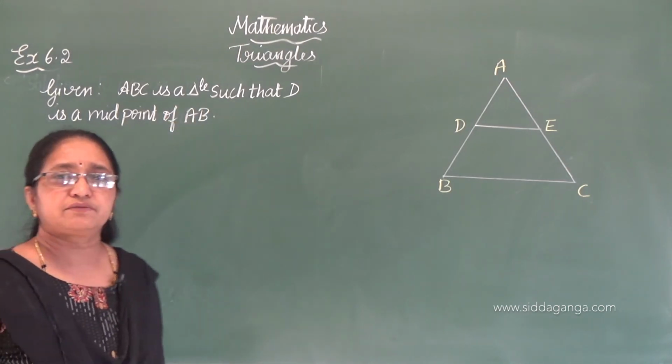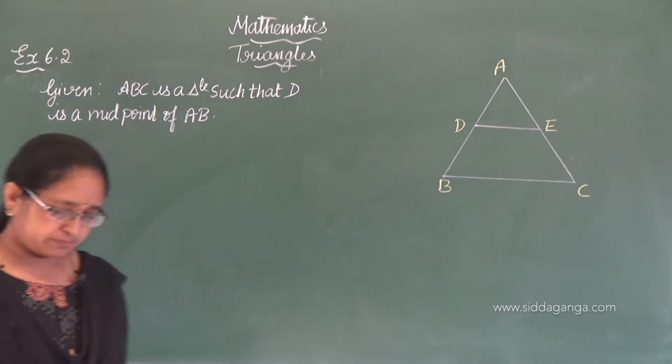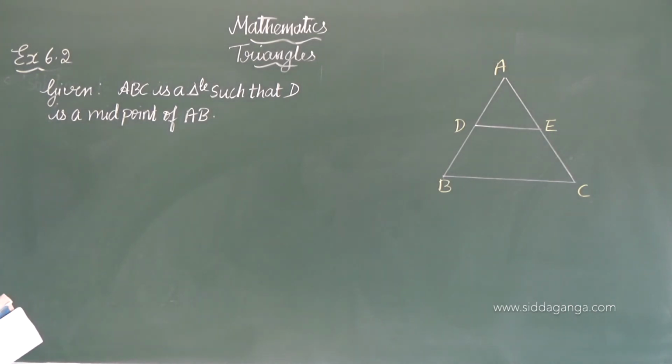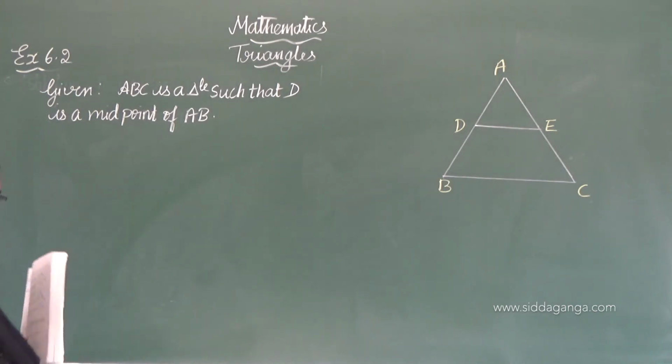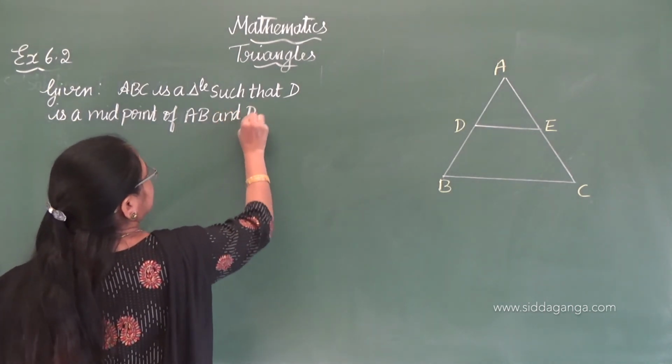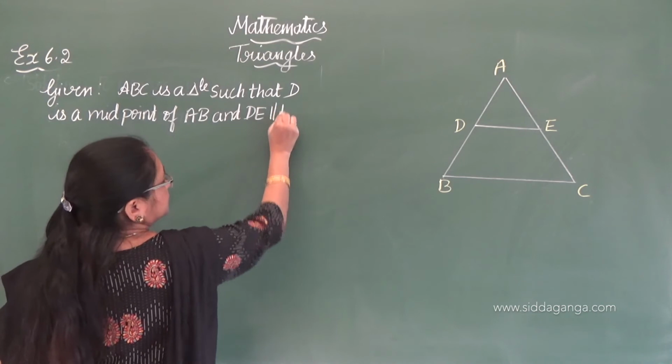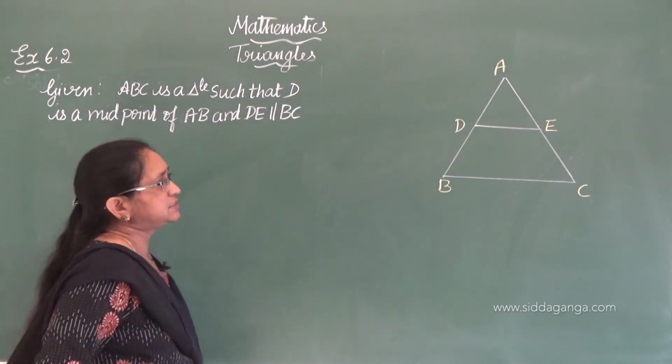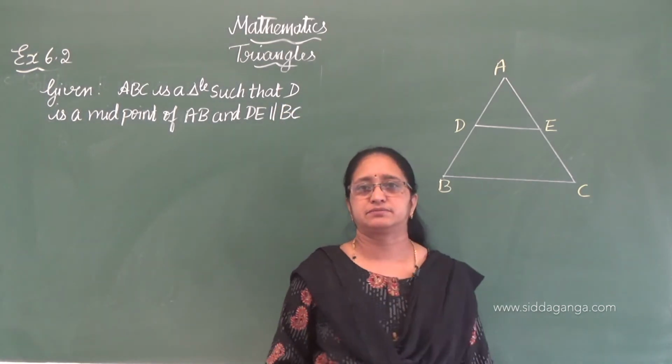Okay, that is given. And what else is given? DE is parallel to BC, they have also given.